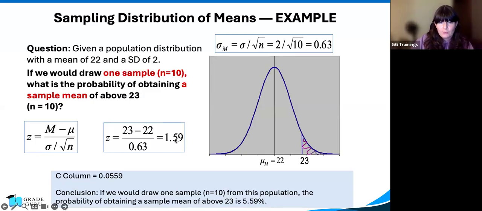You find your z value of 1.59, and in the z table, that corresponds with the C column, 5.59%. And your conclusion, just write it all out again. If we would draw one sample, n equals 10, from this population, the probability of obtaining a sample mean of above 23 is 5.59%.